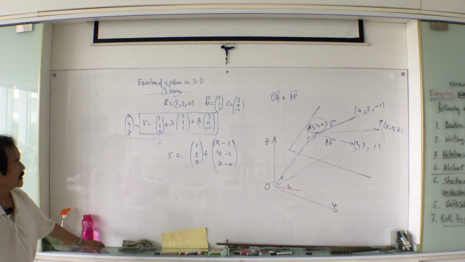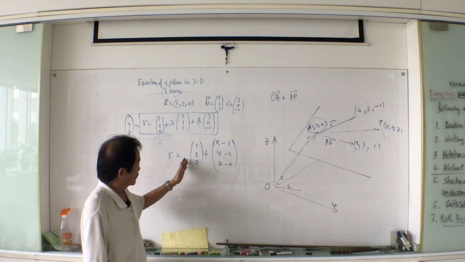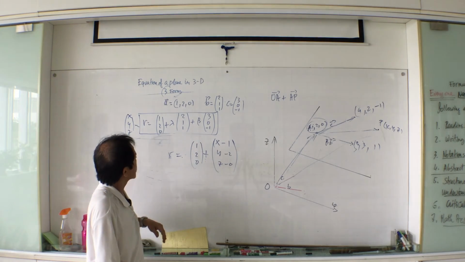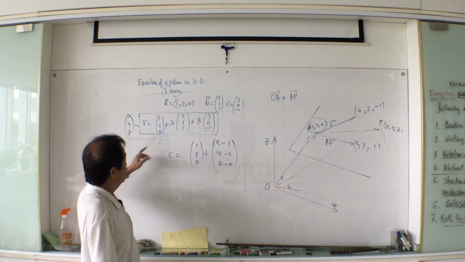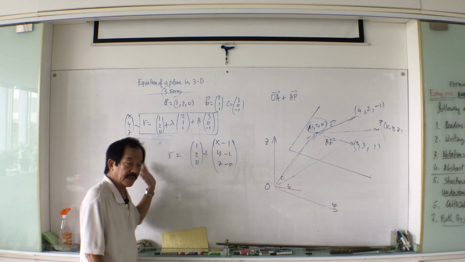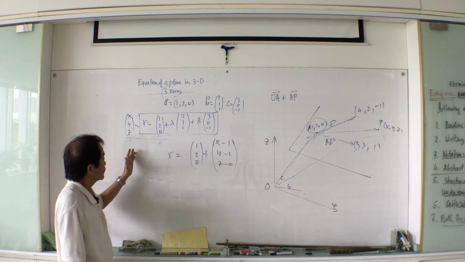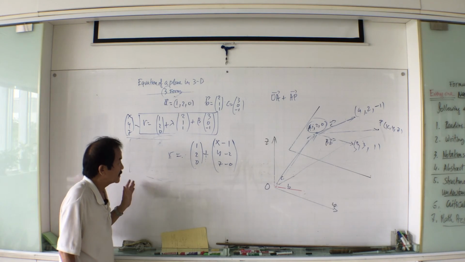Okay. So the next one is how to find the equation between this. In this case, as I'm saying, you can eliminate alpha and beta. You get rid of alpha and beta. Then you have an equation between only x, y, z, right? So we call it the Cartesian.